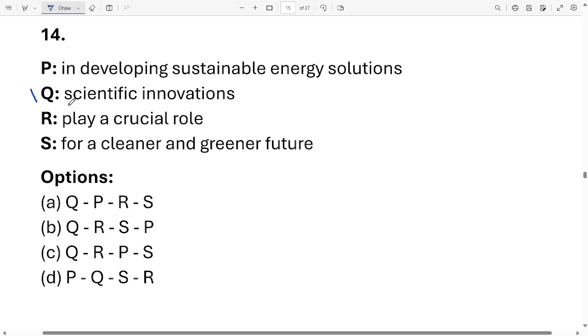Okay, first is scientific innovation plays a crucial role in the development of sustainable solutions for a cleaner and greener future. Okay, this is the combination, and we have QRPS, which is option C.